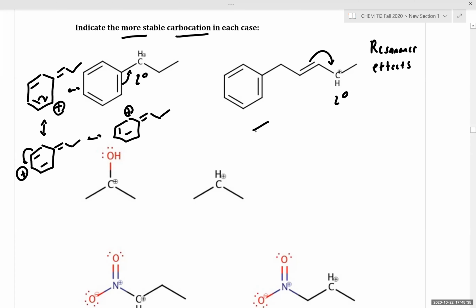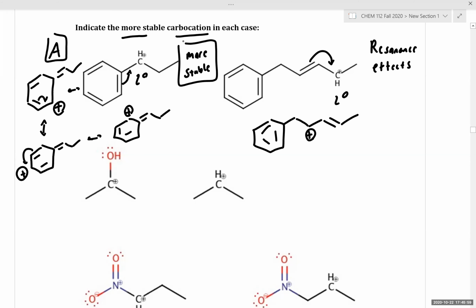Comparatively, looking at the structure on the right, we can only really draw one substantially contributing resonance structure. So if we compare the resonance effects in these two structures, we can conclude that structure A would be more stable as we are able to delocalize and stabilize our positive charge over multiple atoms.